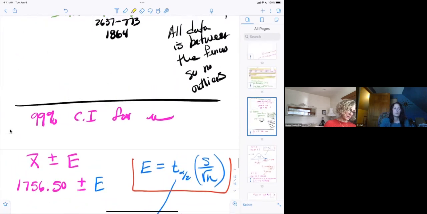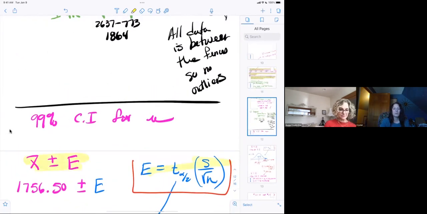So I think it has to do with this idea. As the confidence increases, doesn't it become wider? Yeah. So more confidence makes the interval wider.